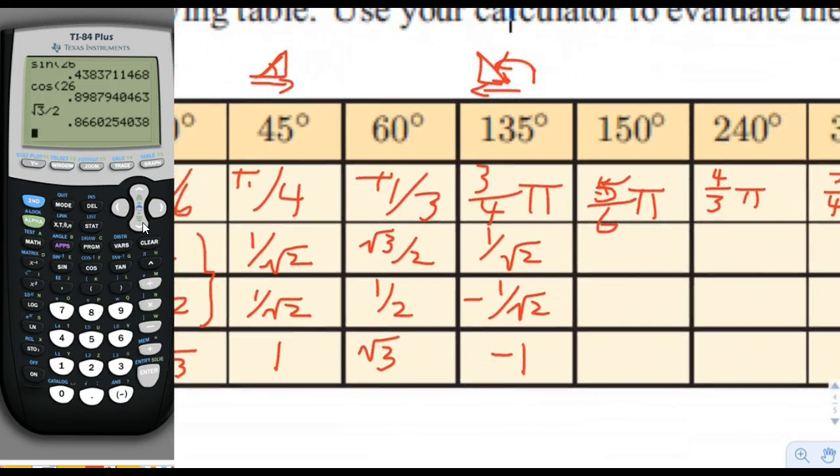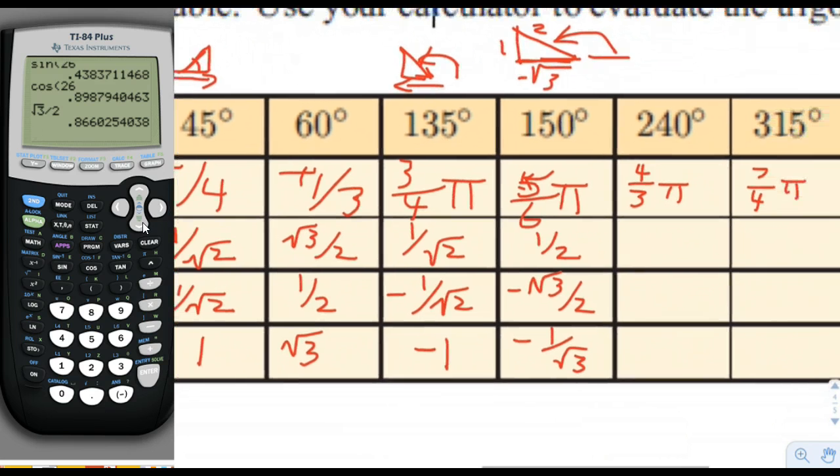And then 150 degrees is, let's see, it's like a 30, 60, 90 triangle pointing that direction. So the sine is 1 over 2, positive. The cosine is going to be negative square root of 3 over 2. Okay. And the opposite over adjacent, or the tangent, is going to be -1 over square root of 3.